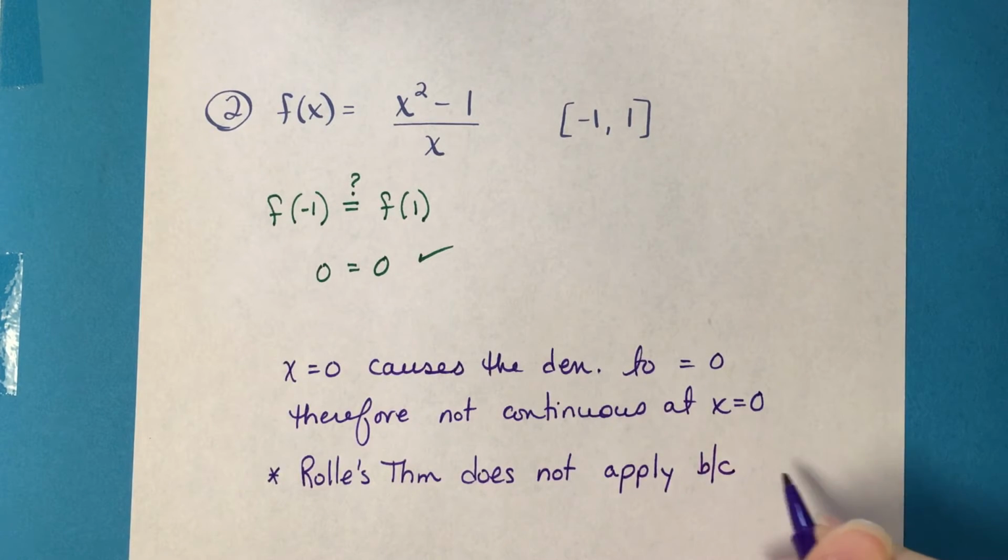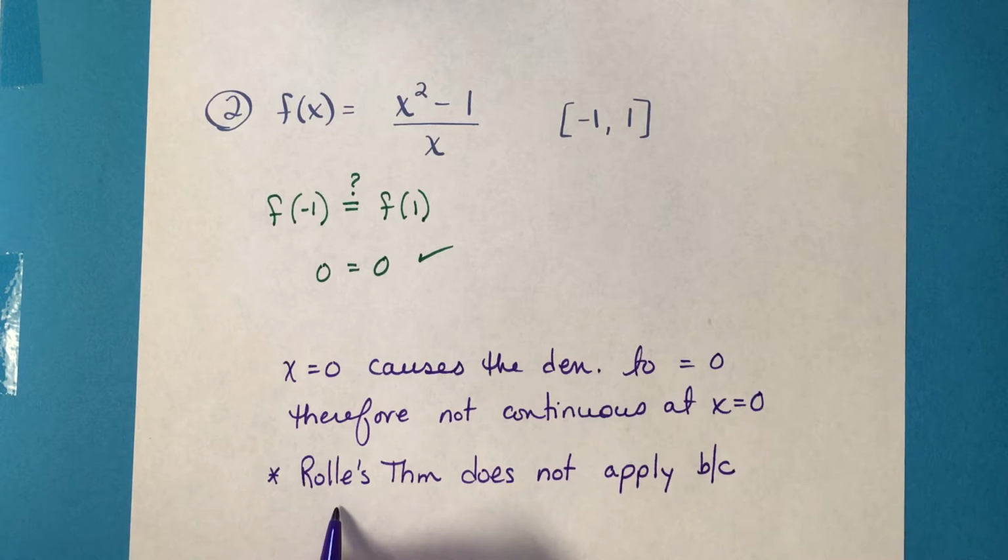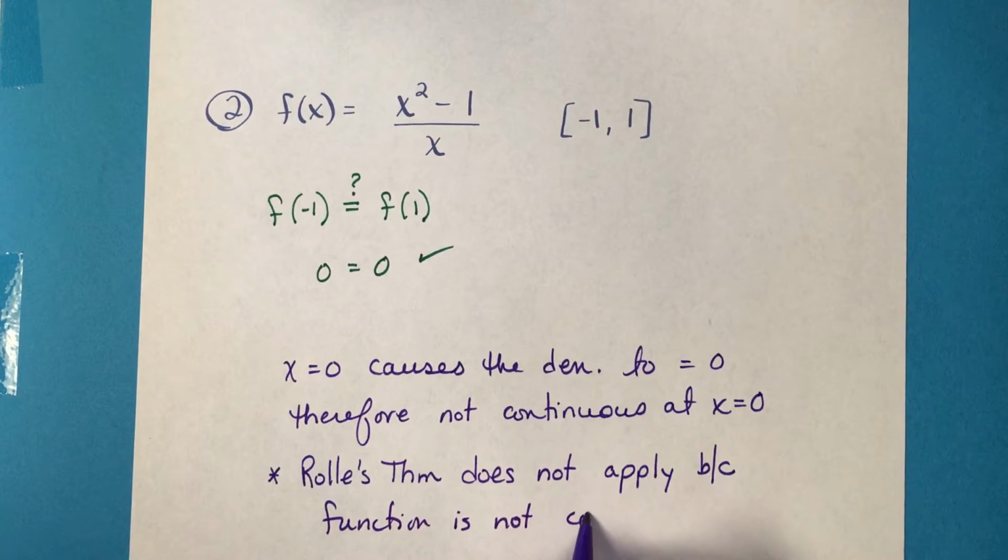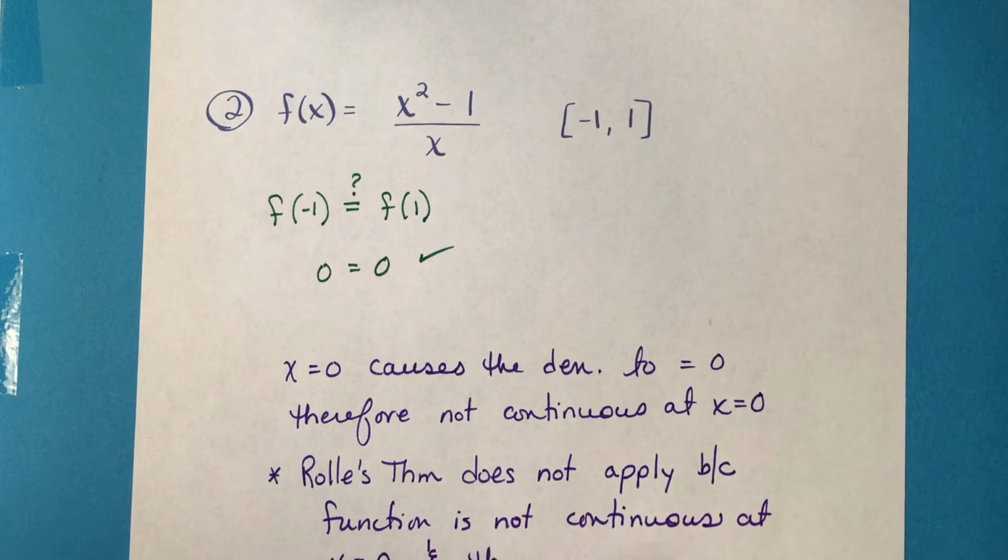We'll just say because the function, kind of saying some of the same thing I've already said, because the function is not continuous at x equals 0, and this is in the closed interval.